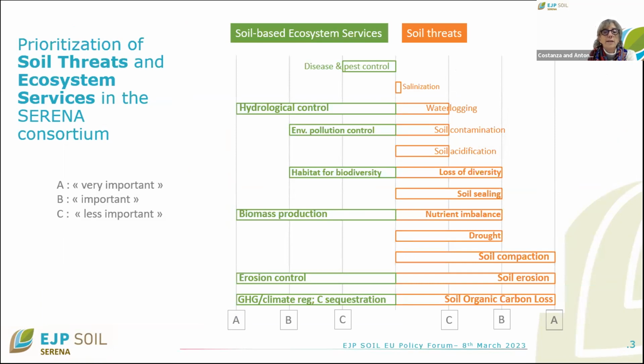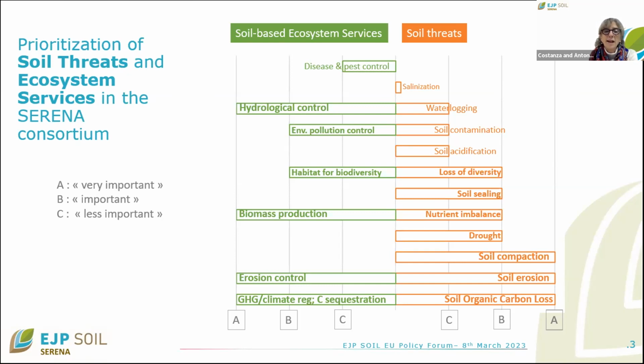To do that, we did a questionnaire involving all the national soil hubs of the participating countries, trying to score threats and ecosystem services as very important or less important. Less important doesn't mean that it's not important, but that it is less realistic, let's say, to address them within the Serena frame.